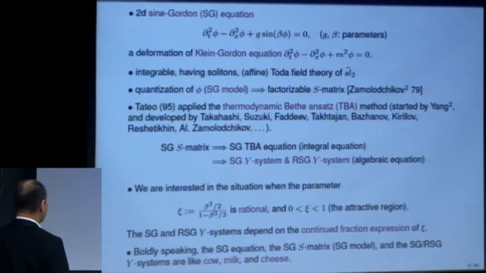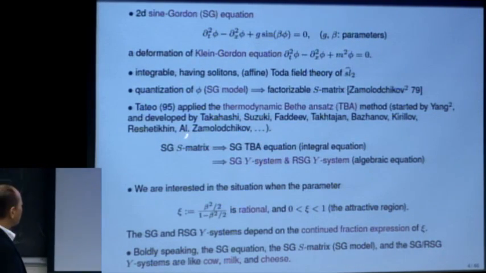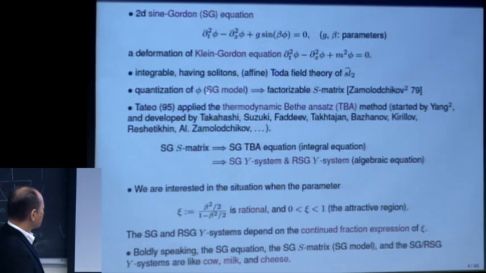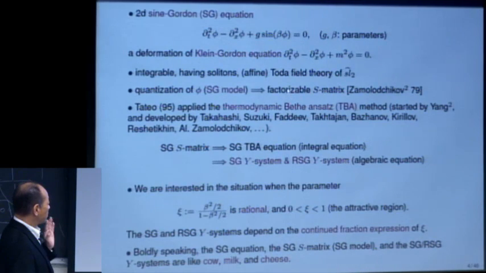You can quantize this bosonic field. It is called the sine-Gordon model, and after that it is still integrable. Using physics ideas, you can calculate the exact S matrix, and it has the property of being factorizable.